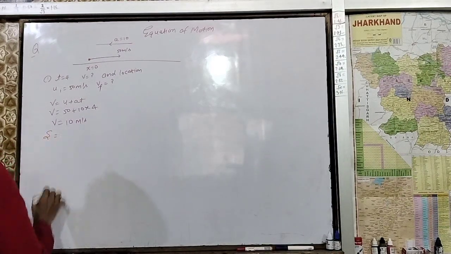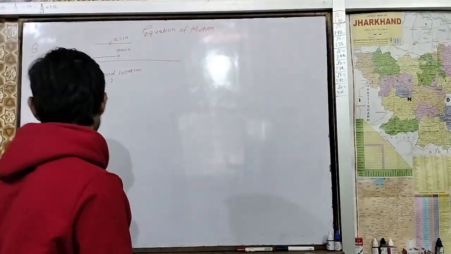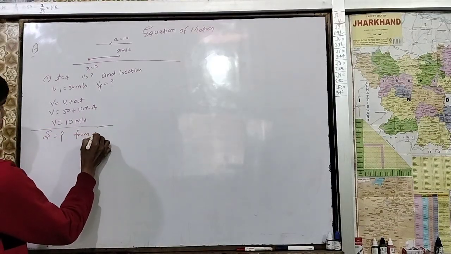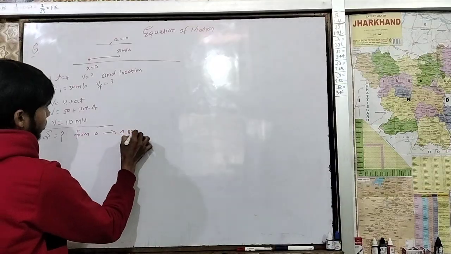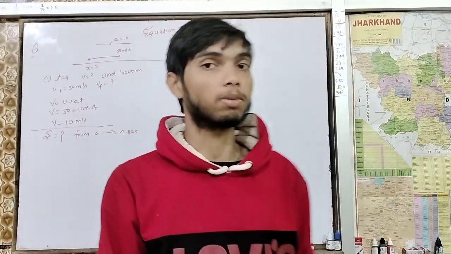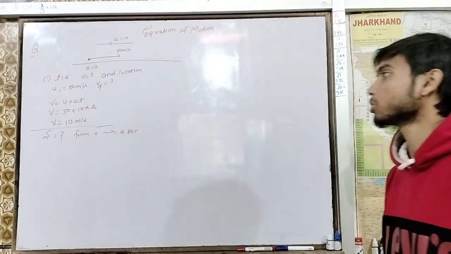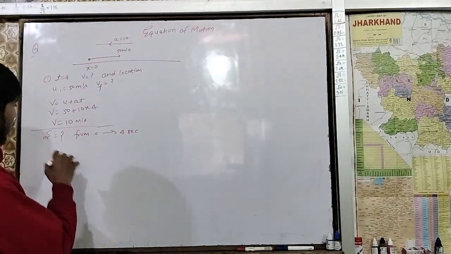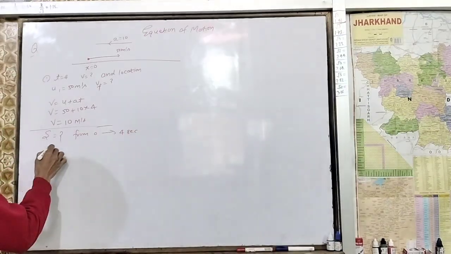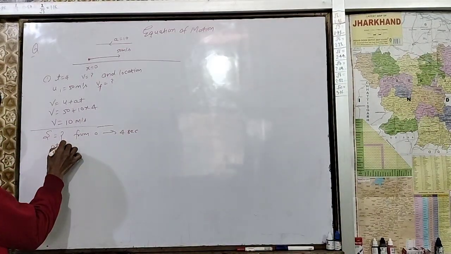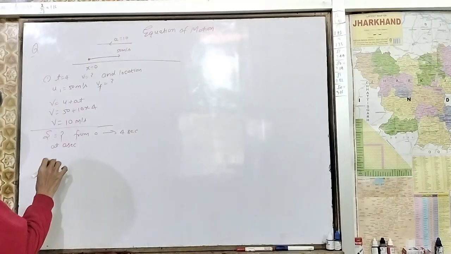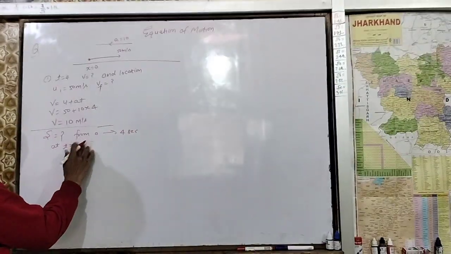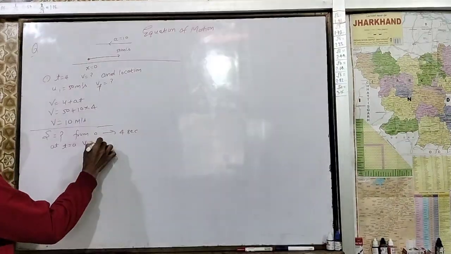What is the displacement from 0 to 4 seconds? At 0 seconds, the initial velocity is 50 meter per second.